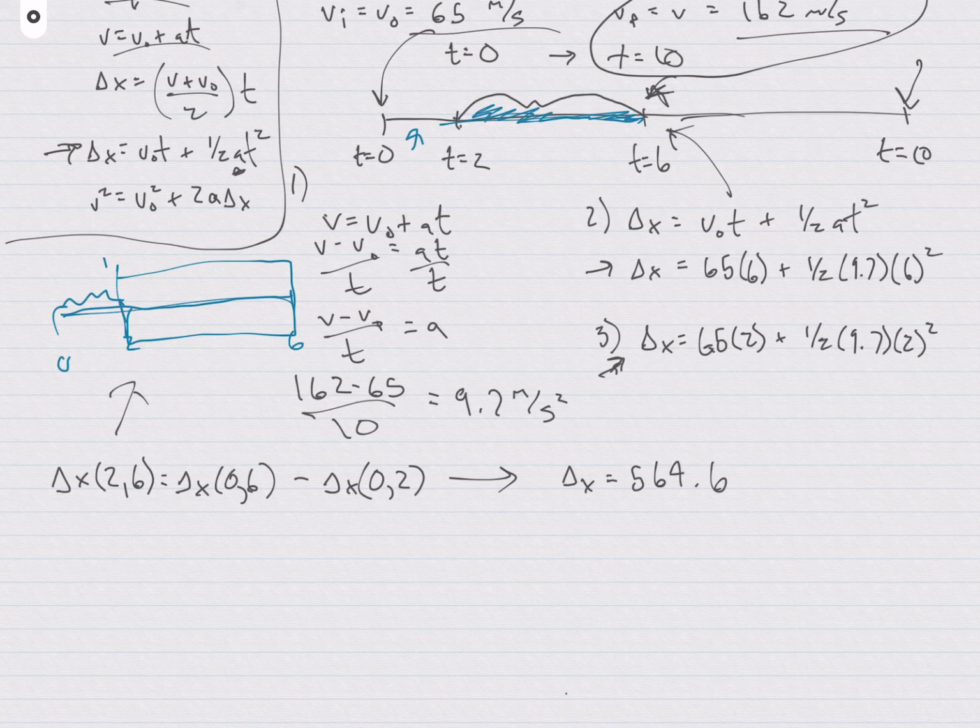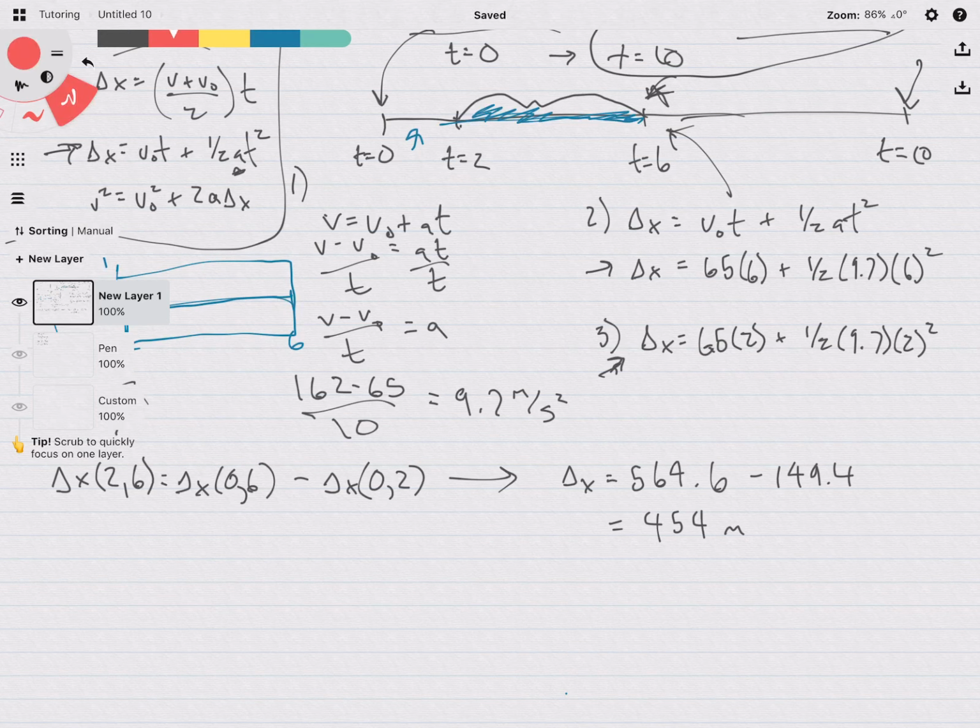And for the other one, we replace the 6's with 2's and get 149.4. So what would that be equal to? 564.6 minus this value is going to be 454 meters. And that, thanks very much.